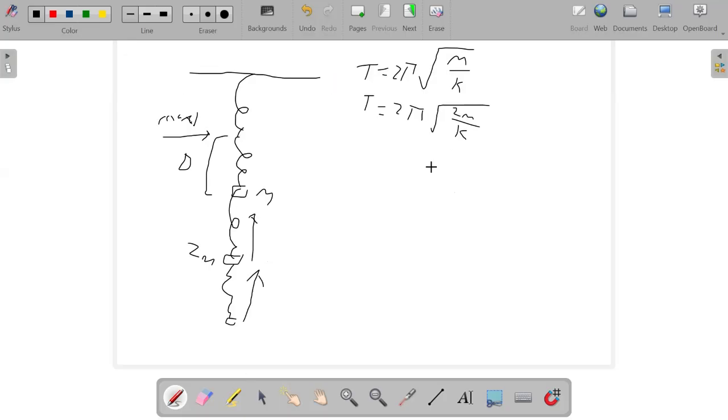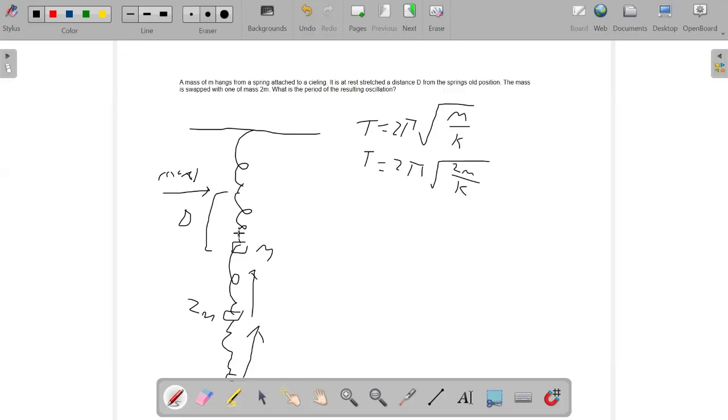Over k. Now, what's the k value? Well, what you'll notice here is that it stretched down d and it hit equilibrium. It was at rest here. And what we know is that ma equals mg minus kx, because the only forces acting on it are gravity, mg, and the spring, kx. And because it's at rest, this part's equal to 0.